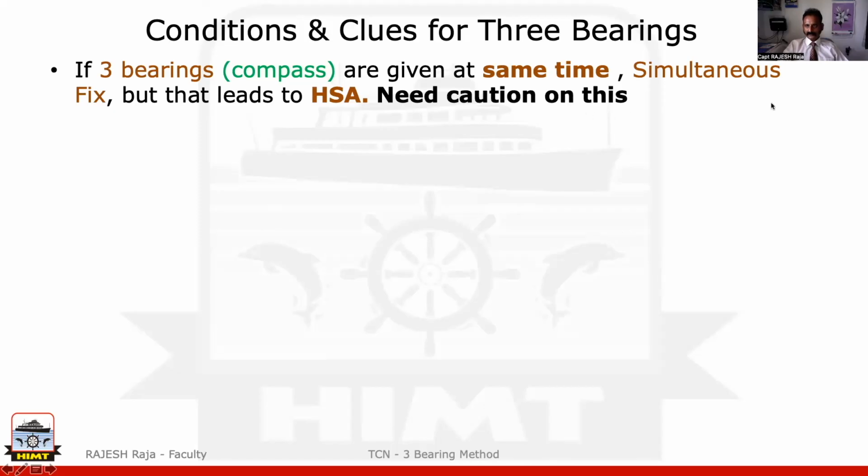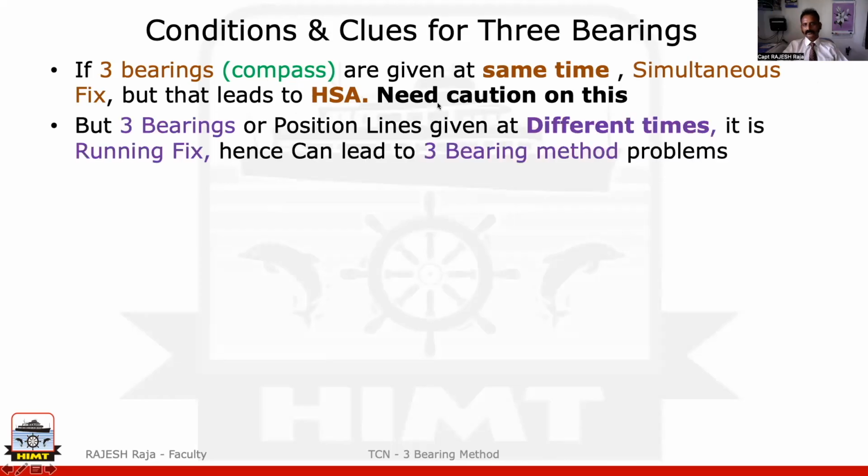You need caution because people get confused regarding this one particular concept, because compass bearings can be given in your HSA method also, and they can be given in this method also. And the biggest difference is this method is going to have different timings, so it is a running fix. That is why it will lead to a 3 bearing method.